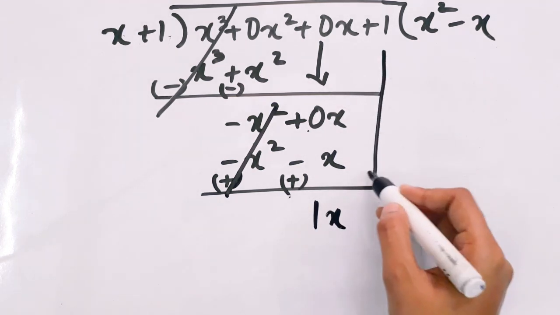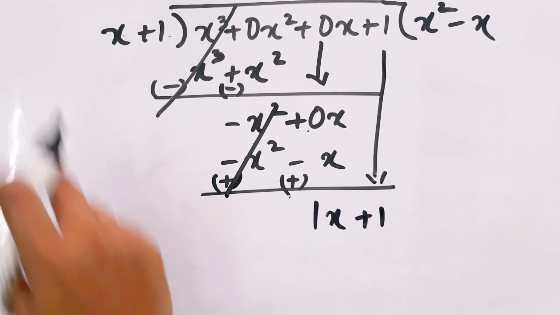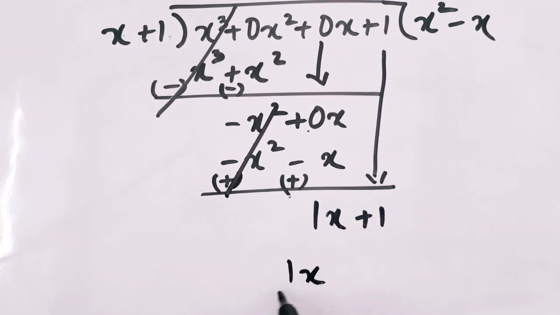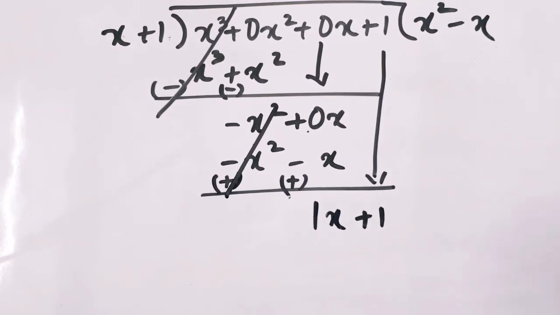Now drop this plus 1 here. Okay, now I want to eliminate this term of the new dividend. So for that, divide this with the first term of divisor. So 1x divided by x. So x will get cancelled. You will get answer 1. So this is my new term in the quotient. So you will get plus 1.